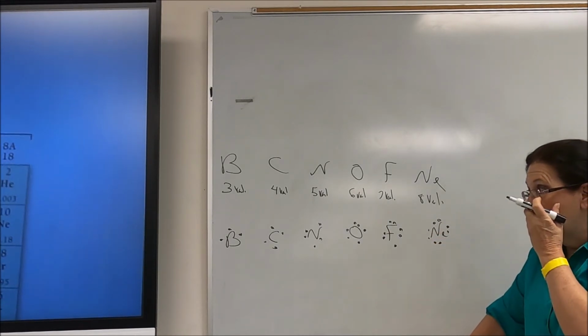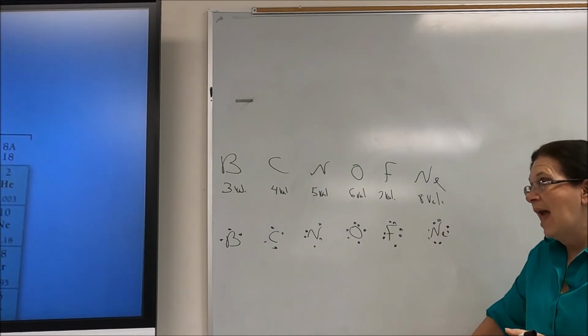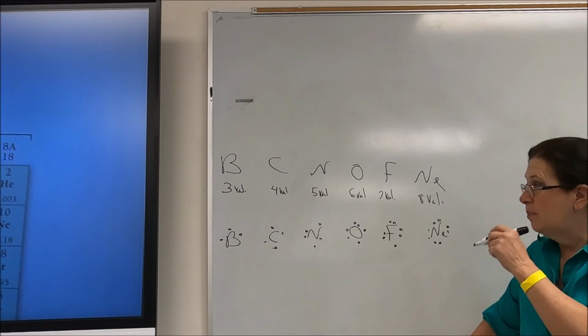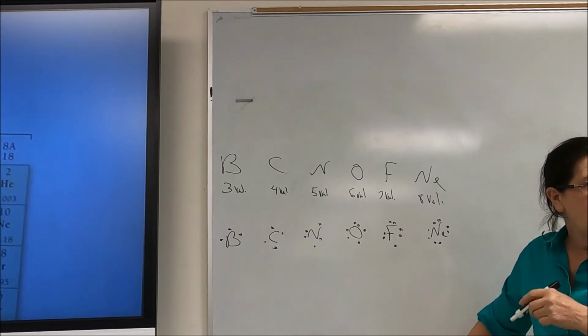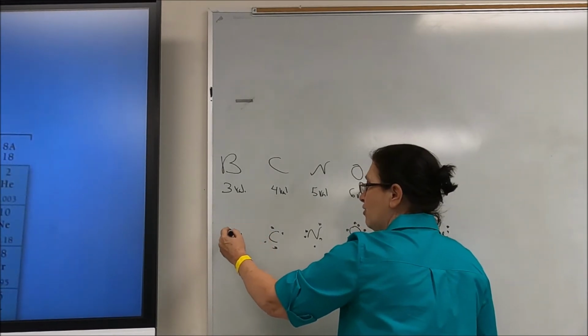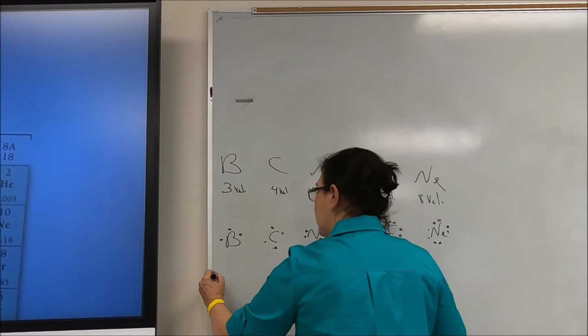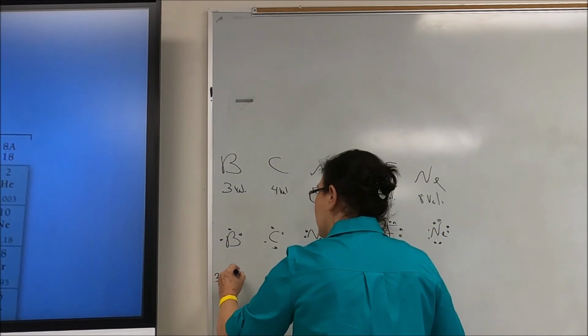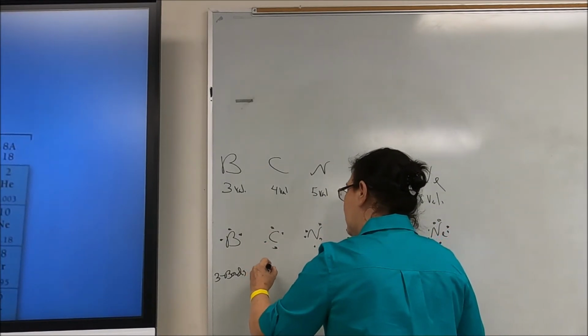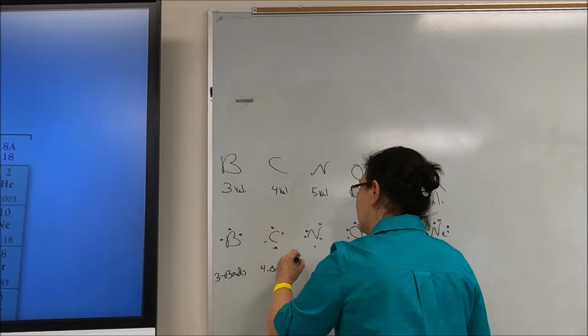Now, what we're looking for to tell us how many bonds an atom wants to make is how many unpaired electrons we see in its Lewis dot symbol. Boron has 3 unpaired electrons, so it wants to make 3 bonds. Carbon has 4 unpaired electrons, it wants to make 4 bonds.